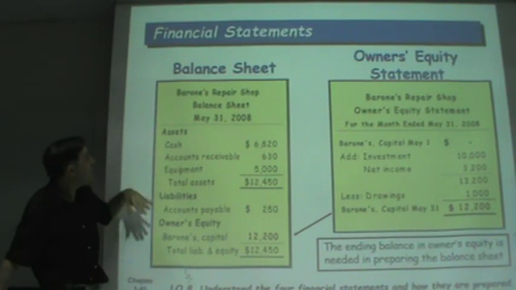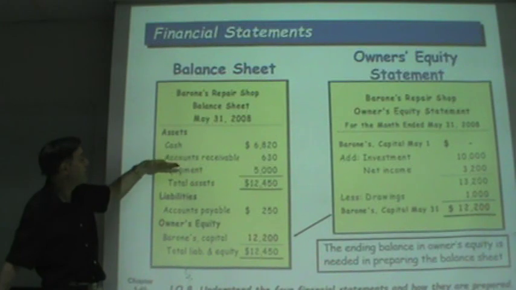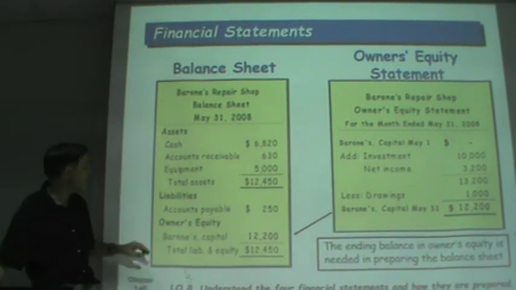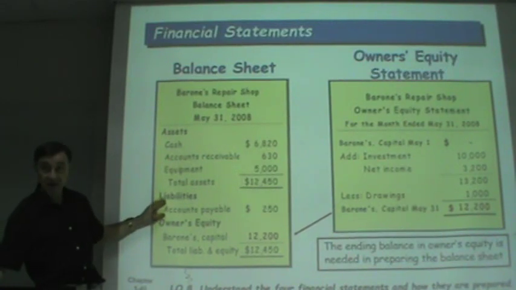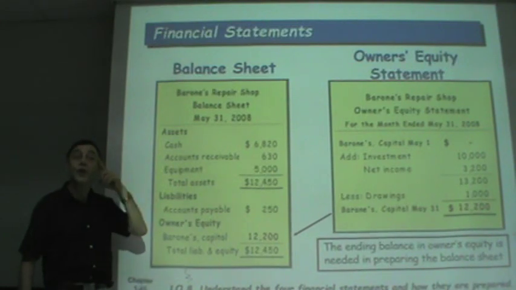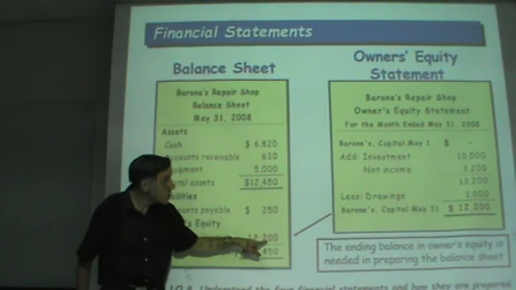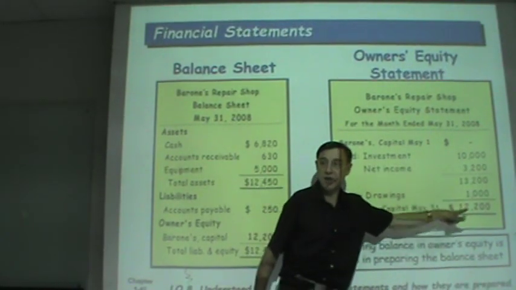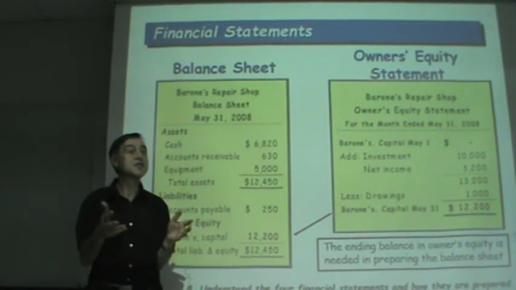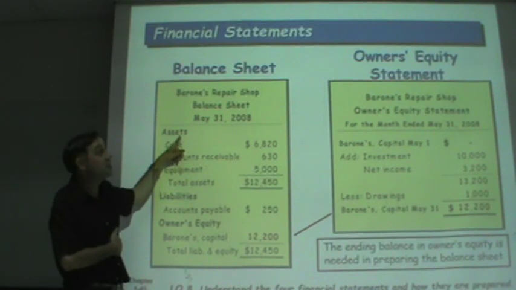The balance sheet gives you all assets: cash, accounts receivable, equipment, and total assets, and then gives you liabilities, as in accounts payable, and owner's equity. Owner's equity, this number here, you copy from here. That's why when you make financial statements, you always finish with the balance sheet.